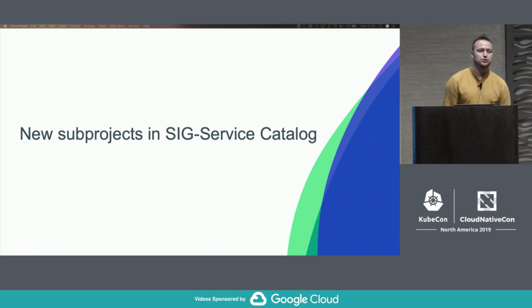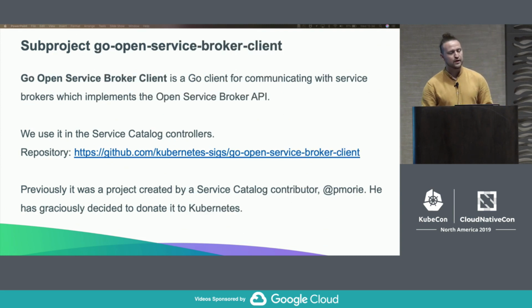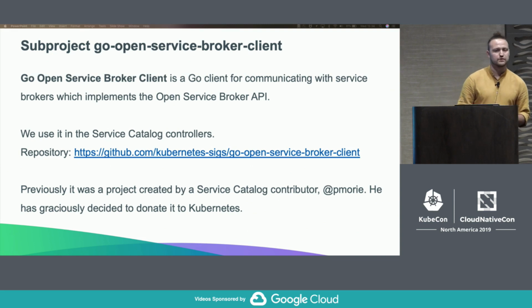Next topic, new sub-projects under Service Catalog. Some time ago, we moved two projects under our control. The first one is Mini Broker. We are using it in the official Service Catalog workflow documentation, and that broker is really nice for local development and testing scenarios. The second thing is the Go client for service brokers.